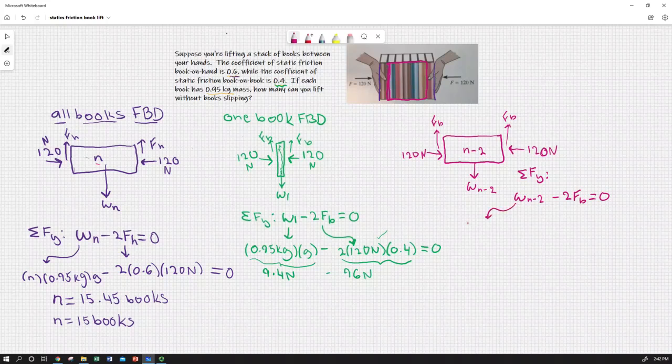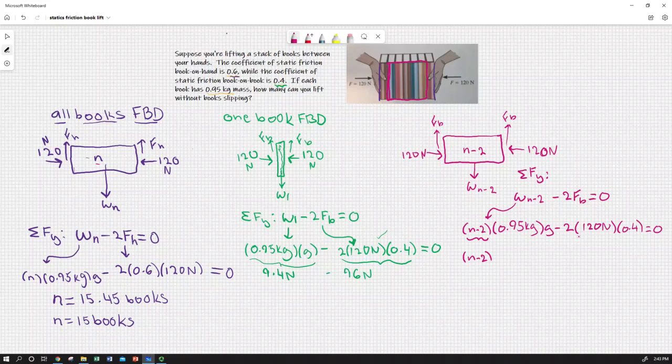And this term is going to be n minus 2 times 0.95 kilograms times g, minus 2 times the book-on-book frictional force, where now we invoke imminent slip. At imminent slip, I get the normal force times 0.4, mu sub s for book on book, and that has to equal 0. Now I'm going to isolate n minus 2 with a little algebra.